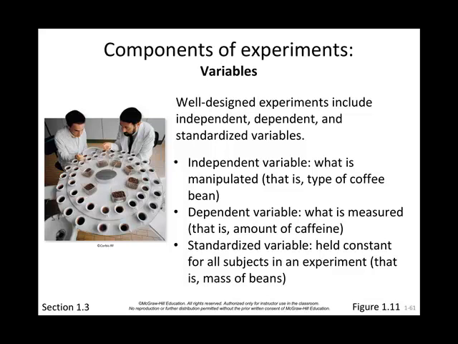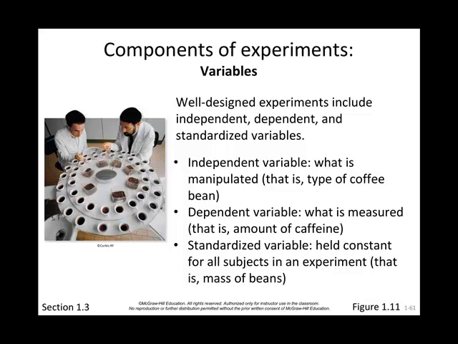You're using different kinds of coffee beans. In other cases, you might decide to look at differences in sizes of coffee beans, the fragrance, the color, and other variables that you could use as the independent variable. In this case, the independent variable is the type of coffee bean.